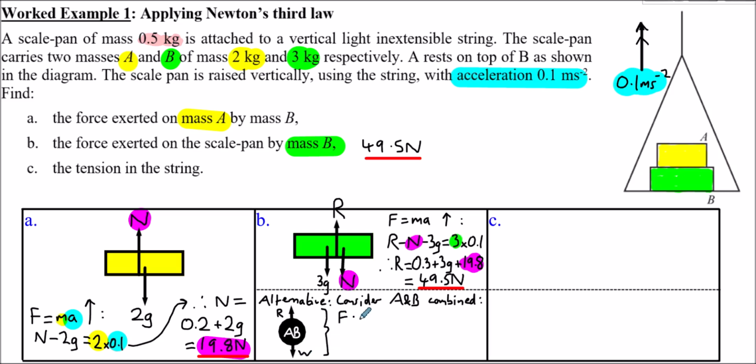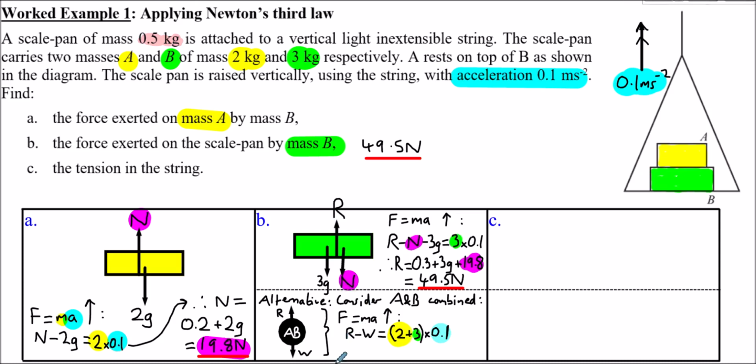So F equals ma going up, we'd have that R minus W equals the total mass, so the mass of A plus the mass of B, multiplied by the acceleration. So that's going to be 2 plus 3 multiplied by the acceleration. So of course, the mass of A is 2, the mass of B is 3, and the acceleration is 0.1.